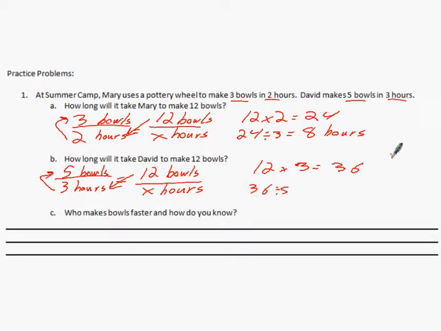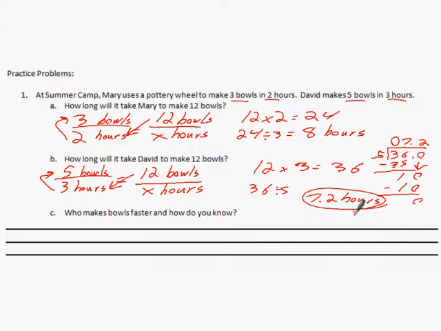Well, I need to set up long division. 5 goes into 36 7 times. 35. 1, bring down a 0. 2. Whoops, have the decimal in the wrong spot. 7.2. So 7.2 hours.